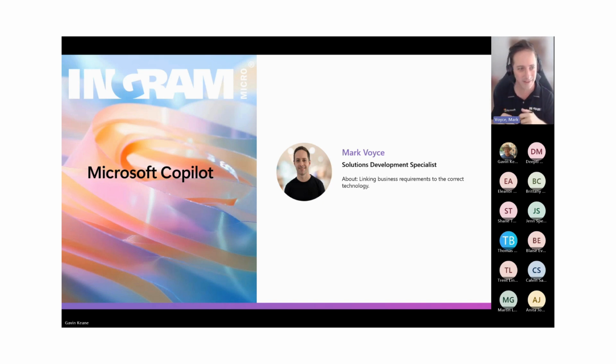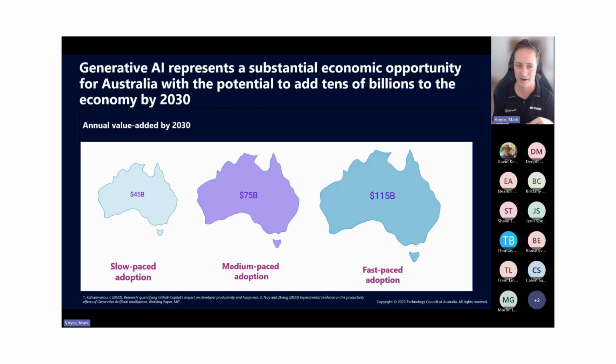Now, bringing it down here in Australia, there's a lot of research that has been done as to what AI might look like from a GDP perspective as well. What they're stating is that by 2030, depending on the pace of AI adoption, we're looking at between 45 billion as a slow adoption of AI, all the way to, if we as Australia quickly adopt this technology and really use it in each of the industries, then we're looking at $115 billion in GDP.